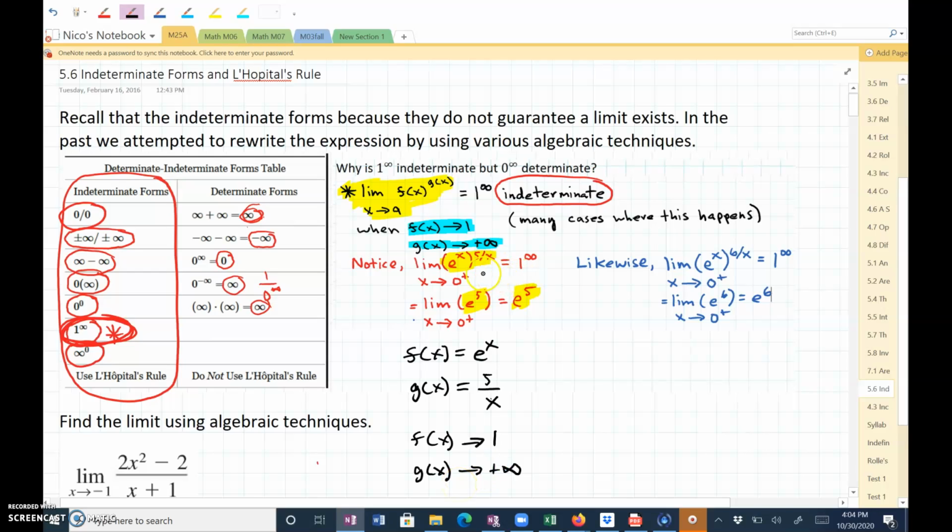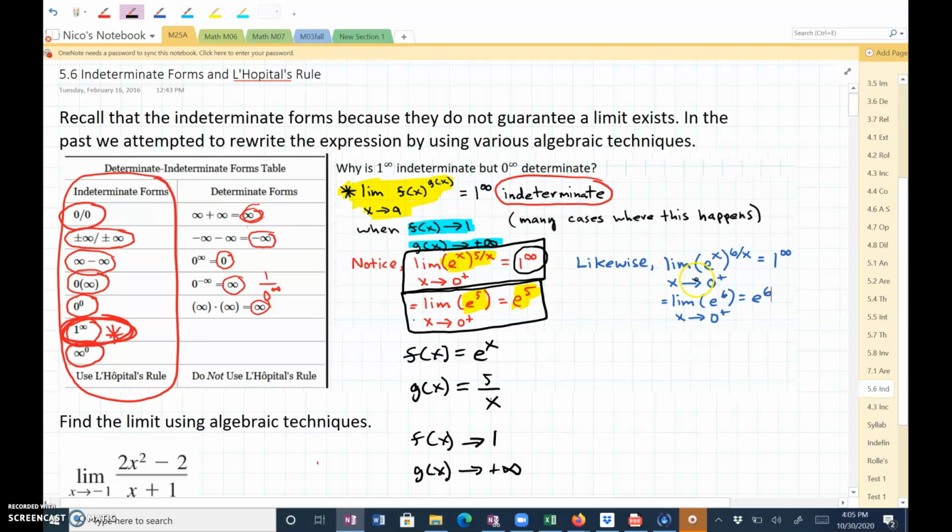So for this case, when we evaluated it here, we got 1 to the infinity, but then when we manipulated it here, we got e to the 5th.